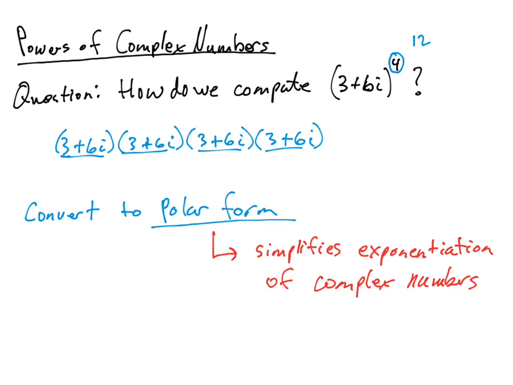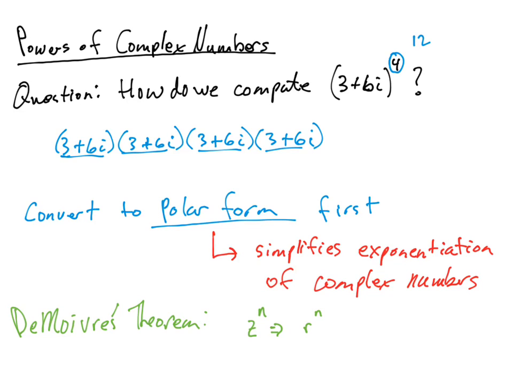So we'll convert to polar form first, and then we use something called DeMoivre's theorem. What DeMoivre's theorem says is, if we have a complex number z raised to some power n, how we calculate that is we raise r to the n value.